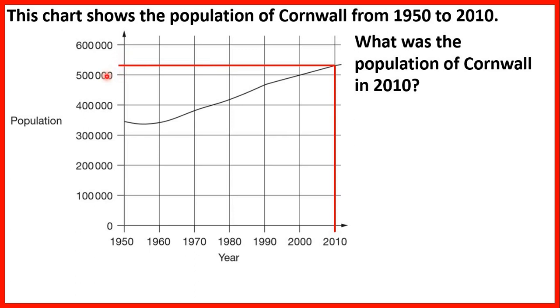I would say that it's closer to 500,000 than to 600,000. So here a good estimate would be 525,000 people, because if we imagine a line right in the middle is going to be 550,000, it's definitely less than that, but definitely more than 500,000.